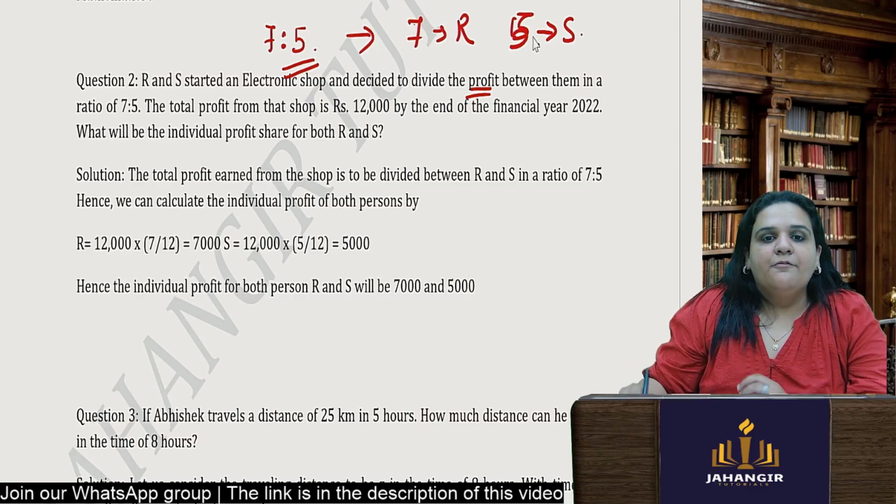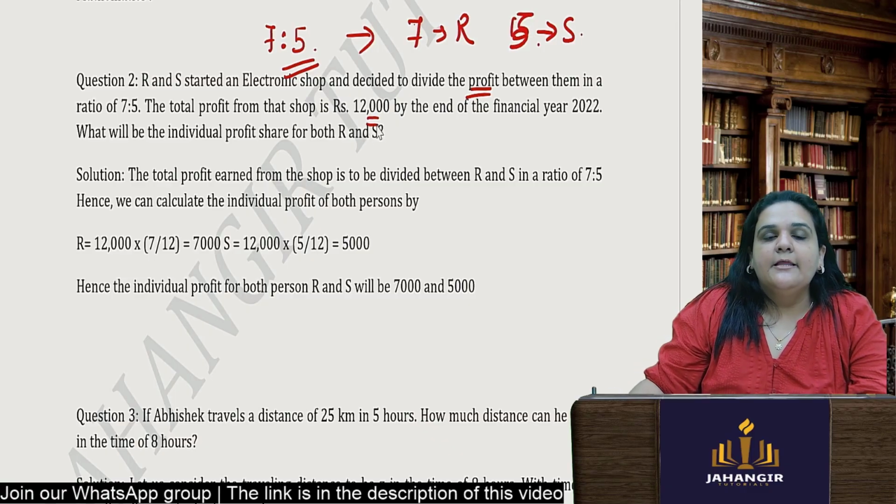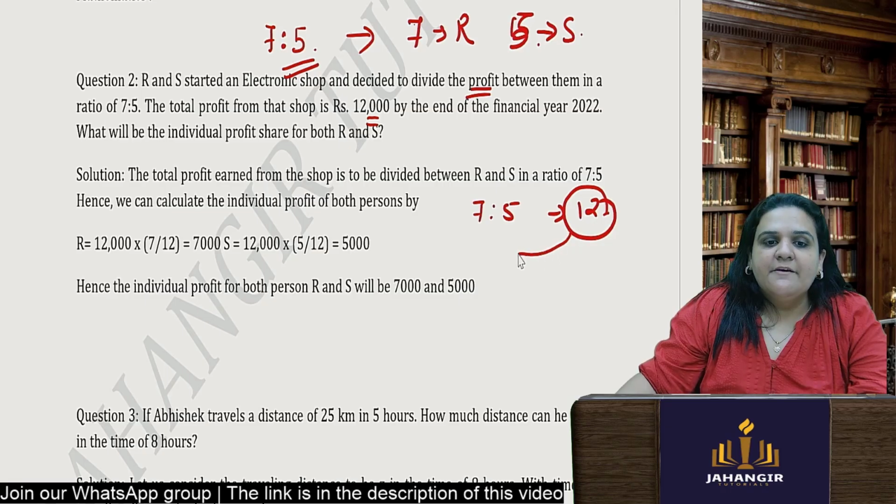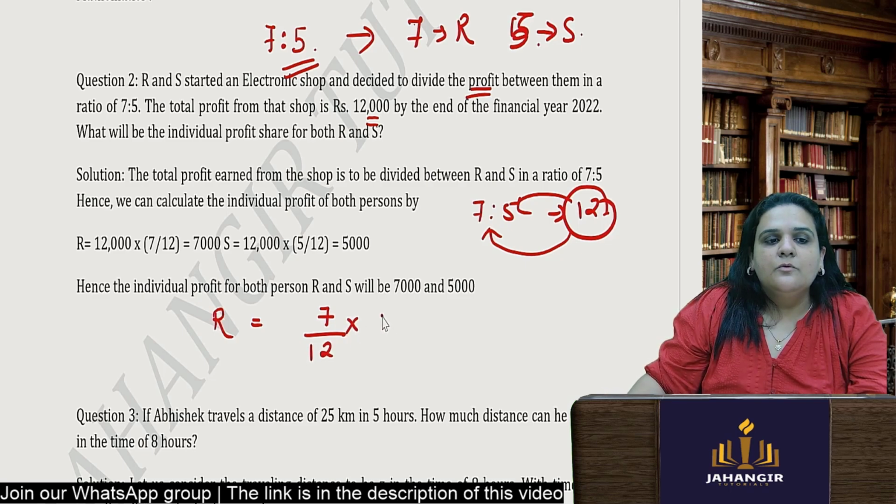And the total profit they have given me is 12,000. They are telling me to find the profit for each one. Simple. What is the total of the ratio? It is 12. Out of the total, 7 parts is taken by R and 5 parts is taken by S. So for R, I will find the ratio as 7 upon 12 into 12,000. 12 ones are 12, thousands are, so this is going to be 7,000.